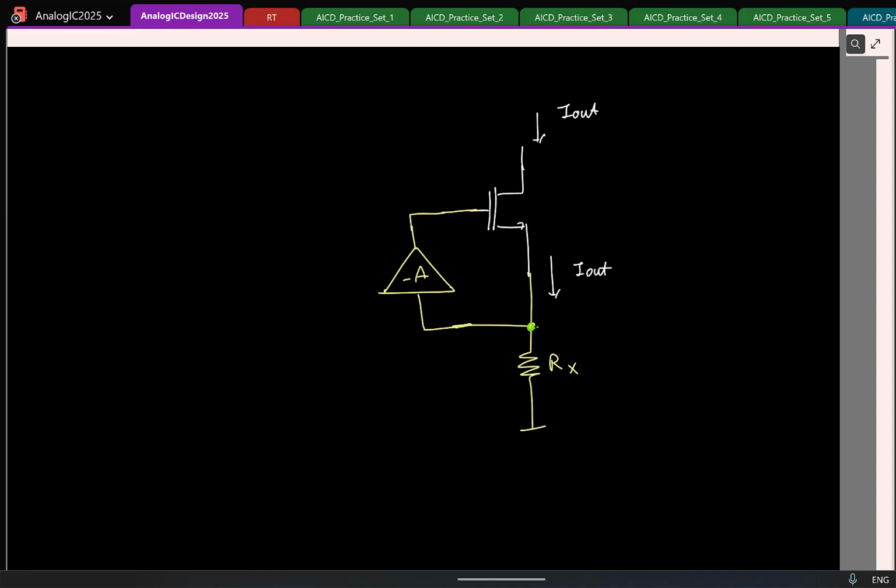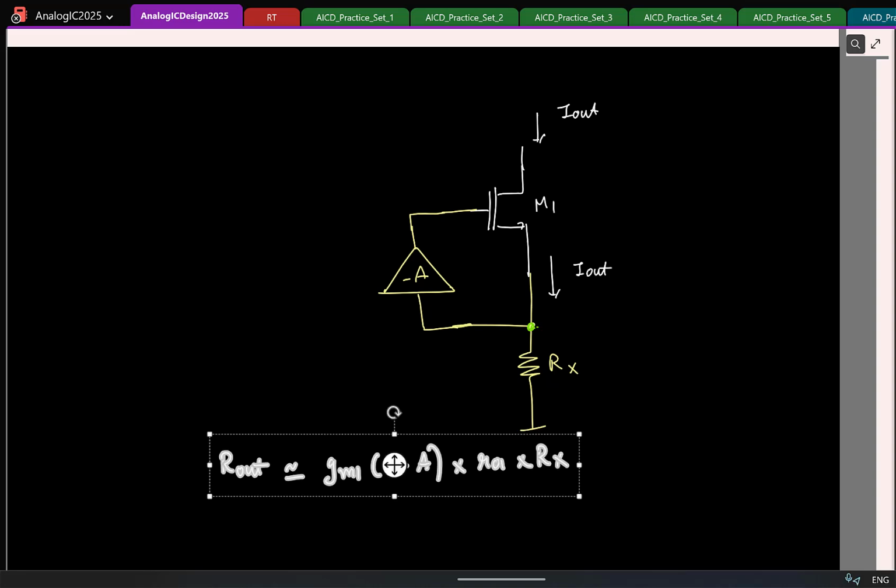Now do you know this fellow? Have you seen this before? What is this? Gain boosted cascode. So what is my R out here? Let's say I call this M1. GM1 times, I am getting in installments, GM1 times 1 plus A times R1 times Rx.